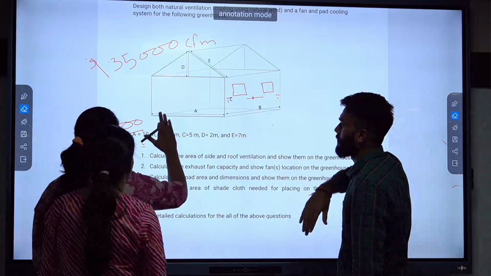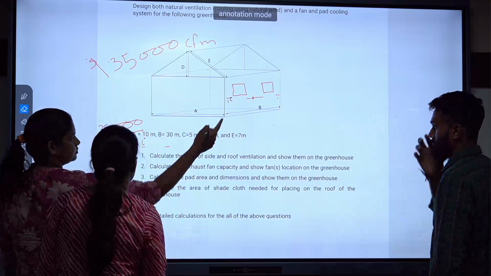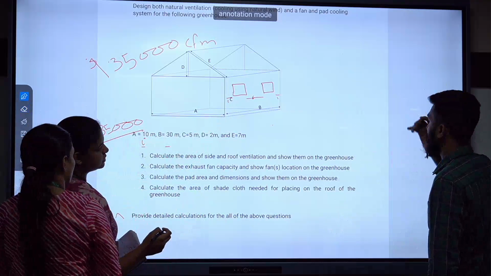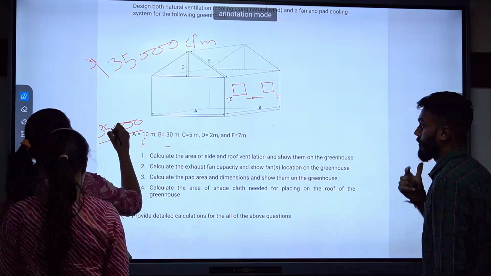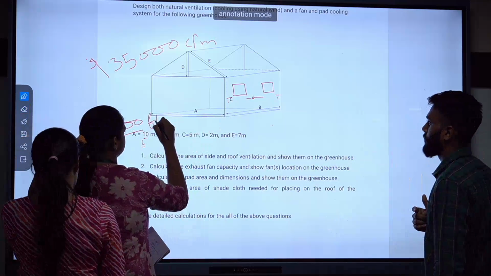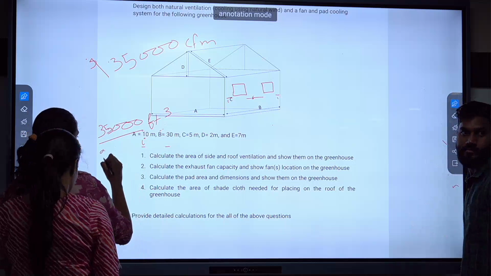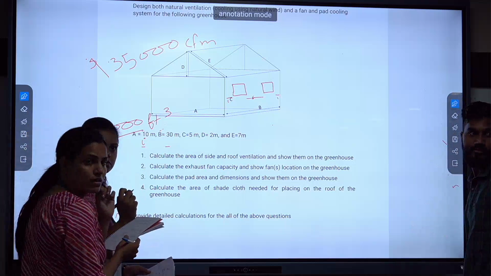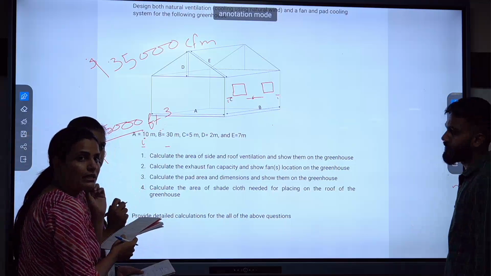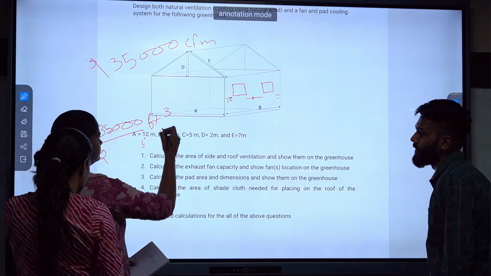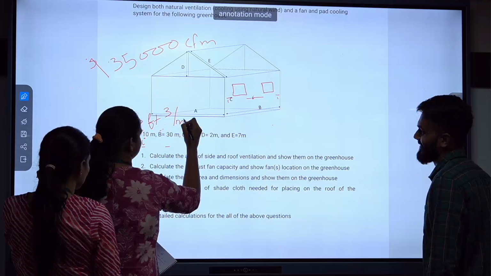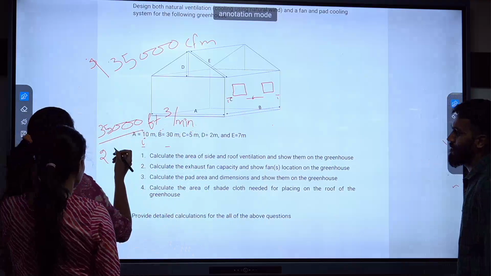Okay. So we'll have 35,000 feet cube divided by 2. No. That's just cubic feet. Cubic feet per minute. You are not showing minute. Right. Okay. Those are the units.